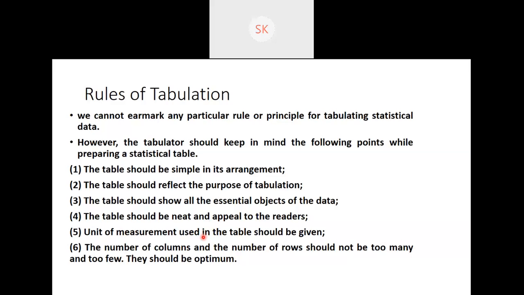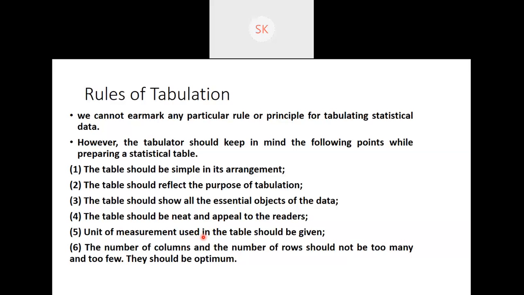Unit of measurement used in the table should be given. Usually you can expect units of measurement in CPI, consumer price index problems. In other places we don't see much of it as per our syllabus, but if you happen to learn other chapters, then we will have units of measurement.